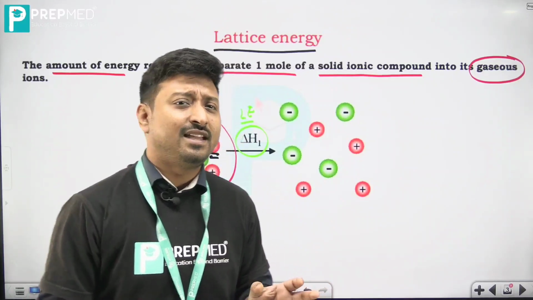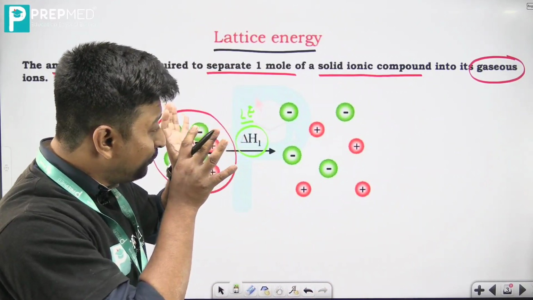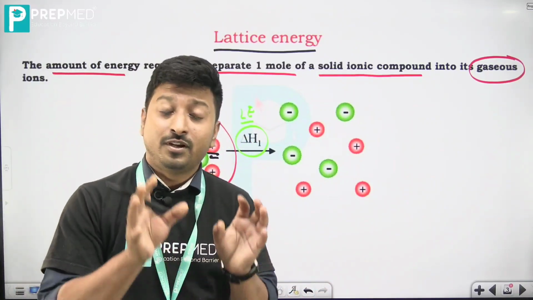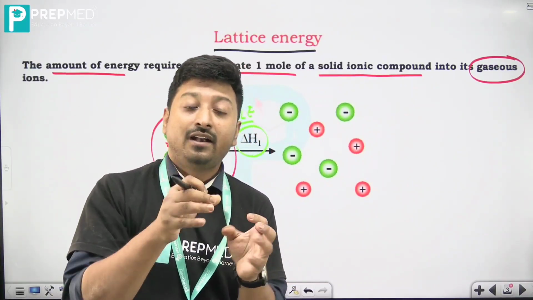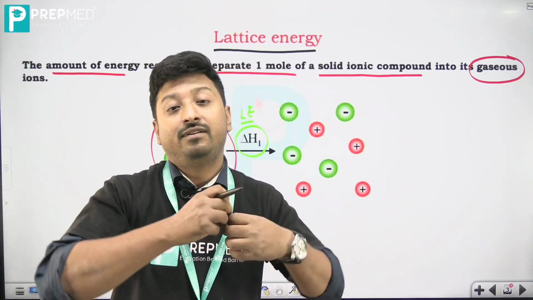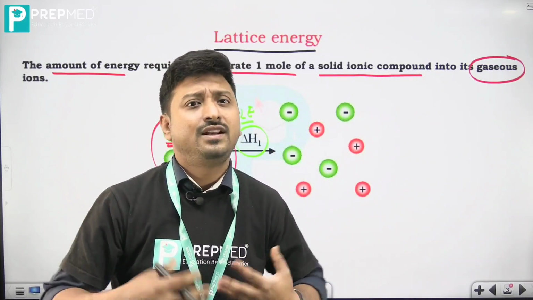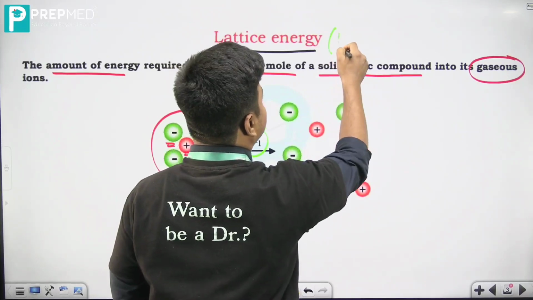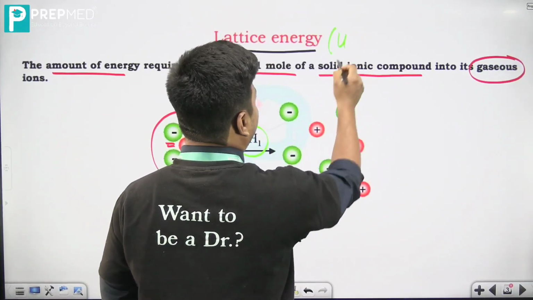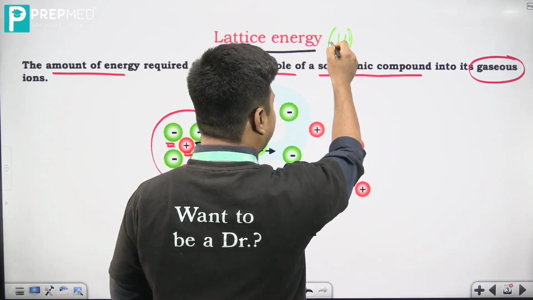But the thing is that for breaking the lattice we have to give energy, and for forming it the energy is released. So it is exactly the same. In this case the lattice energy is defined by U, which is the positive one.